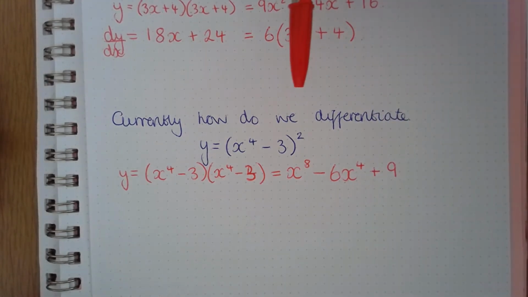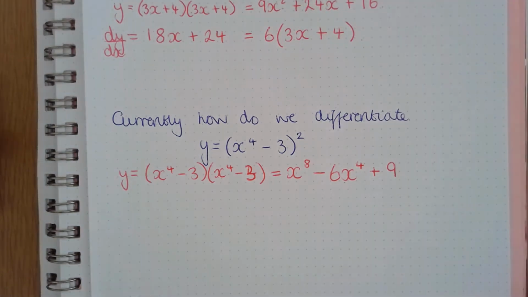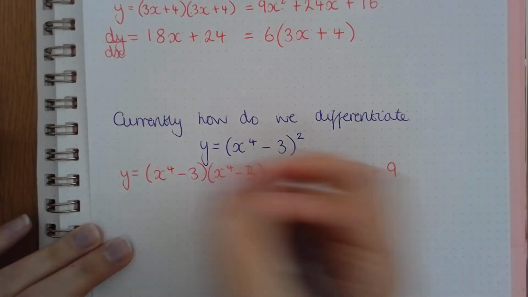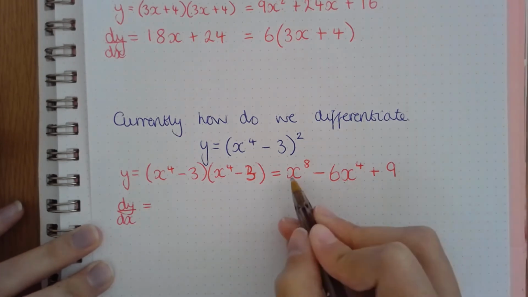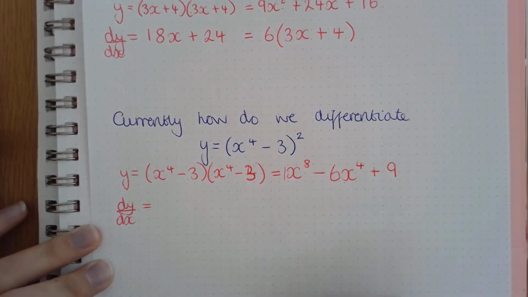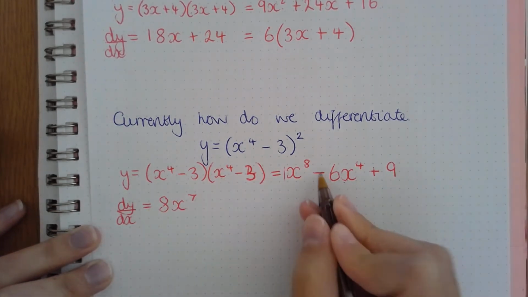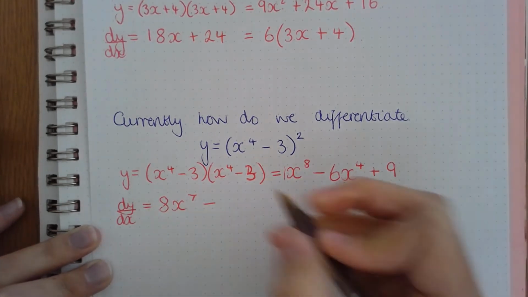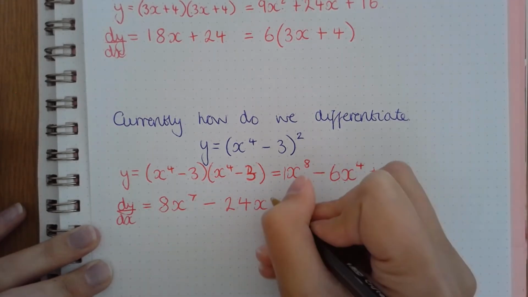Okay, so we want to try and factorise, but we want to differentiate this first. So our differential would be, well, there is an imaginary 1 before the x to the power of 8, so it would be 8x to the power of 7. Take away 6 times the 4, which is 24x, take 1 from the power, is 3.